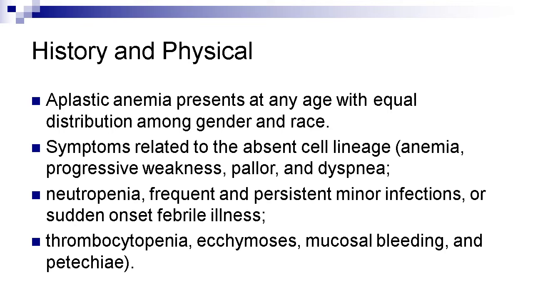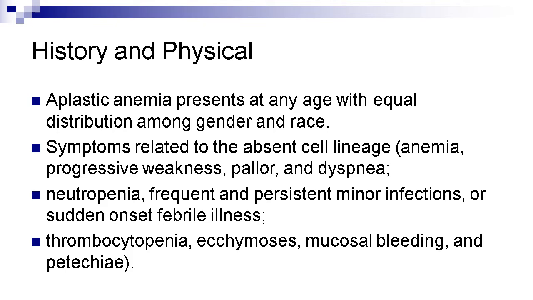If the red cells are markedly reduced, the patient will present with anemia, pallor, progressive weakness, shortness of breath, dyspnea, and other symptoms of anemia. If the neutrophils are markedly low, the patient will present with frequent and persistent infections or sudden onset febrile illness that can lead to death and is considered an emergency.